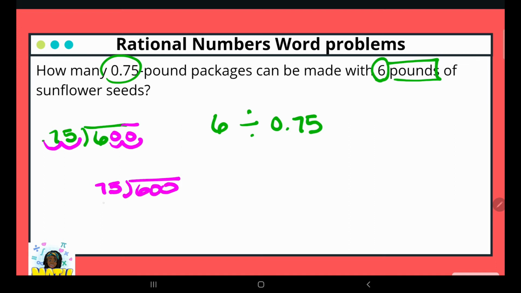Now 75 does not go evenly into 60, but it does go into 600. You want to try to figure out how many times. One strategy you can use is to think about this like money. 75 cents plus 75 cents is $1.50.